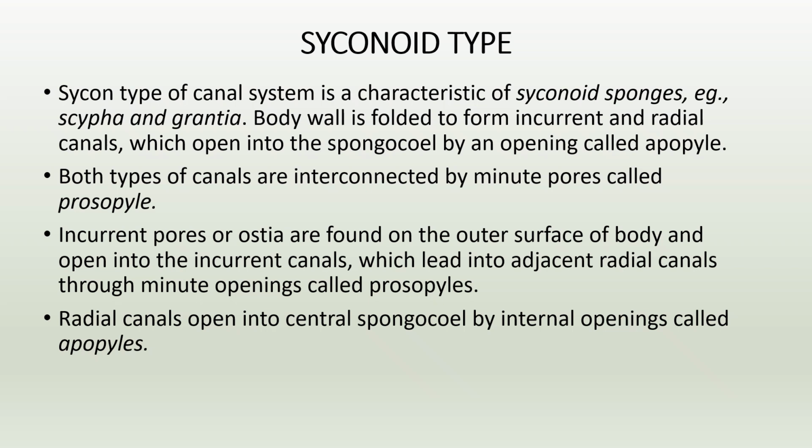The incurrent pores or ostia on the outer surface of the body open into the incurrent canals, which lead into the radial canals through minute openings called prosopiles, and these radial canals open into the central spongocoel by internal openings called apopiles. In the next slide, you can see the diagram of the cycon type of canal system.